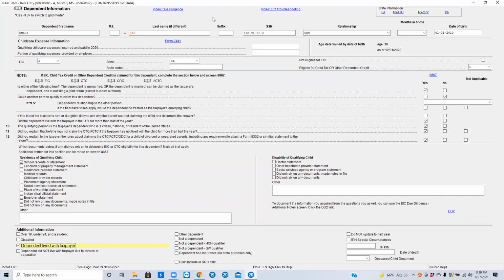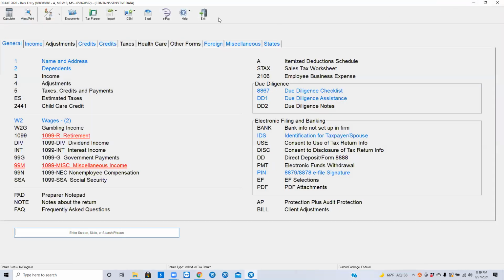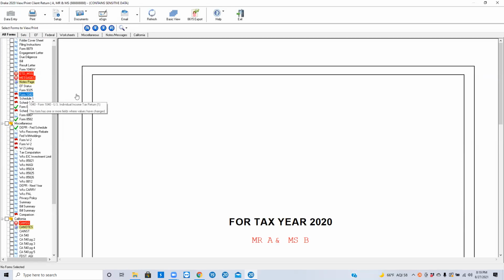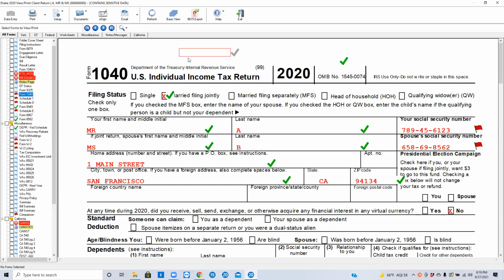After we check all this, we come back to here and close this. Now let's view the tax return. Let's see what it looks like. Inside this tax return, I want to show you the very first page of the 1040, on the left-hand side.